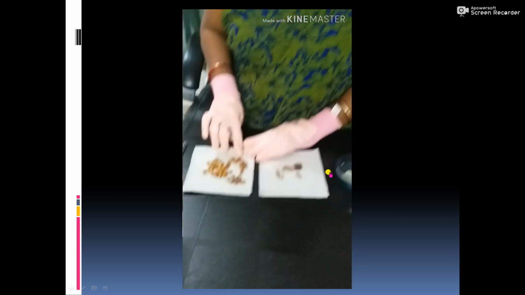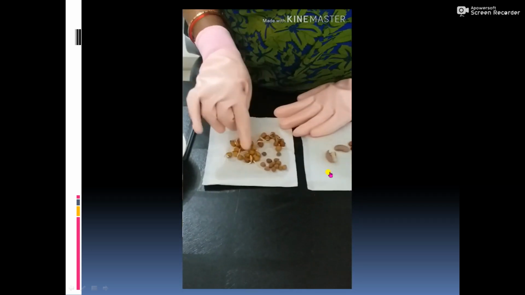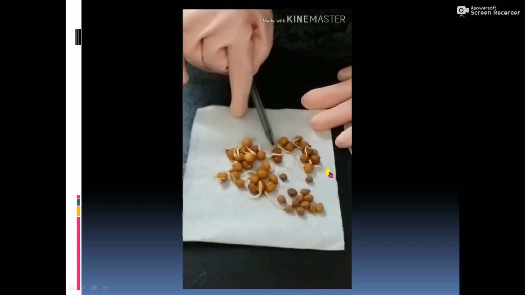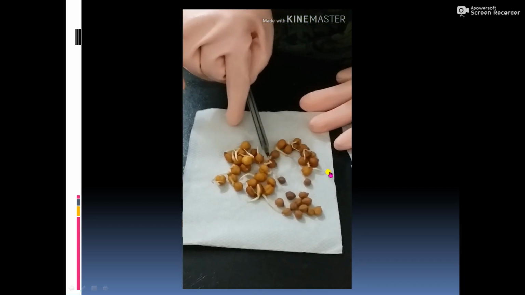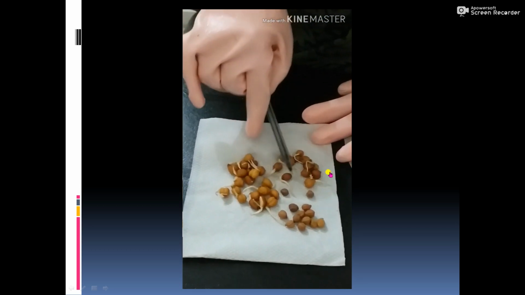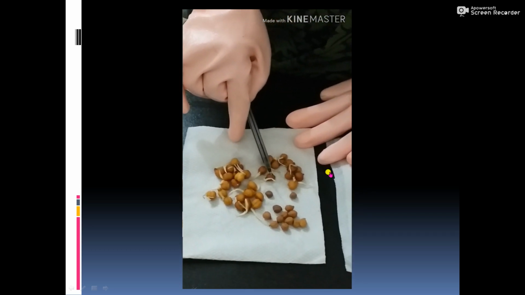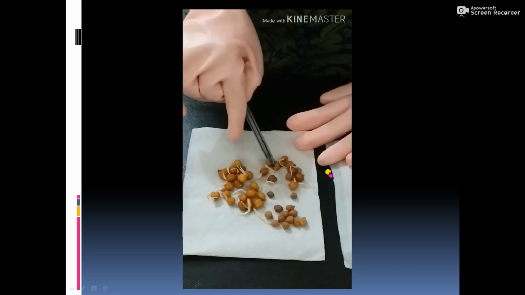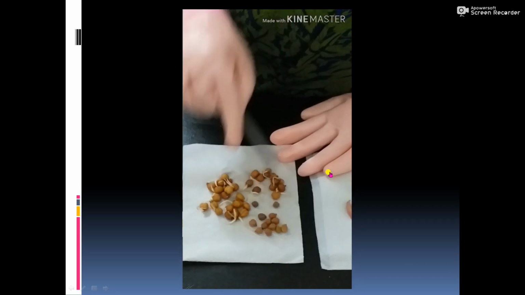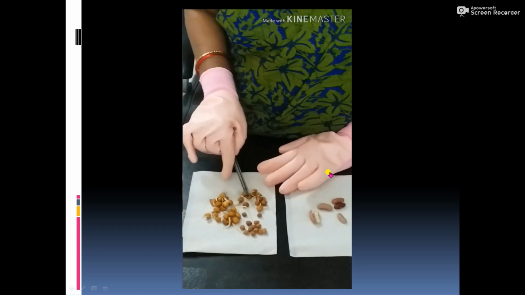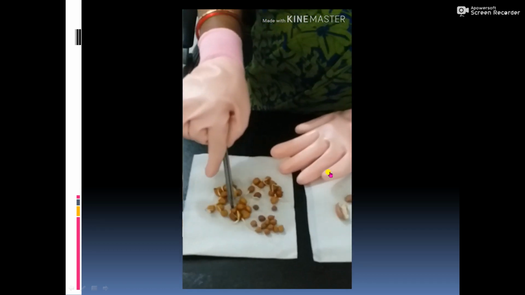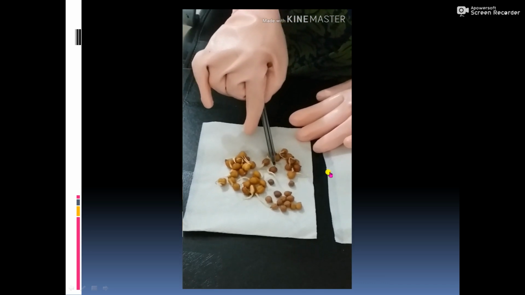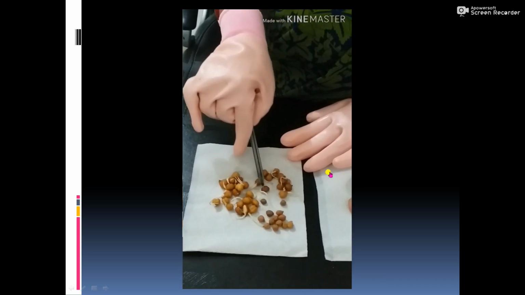Now you see here again that the seed is germinated. Now the seed is germinating and you are watching here the roots are forming. But you have kept this seed in water. Then how is it germinating? From where is it getting the food? You can say that these cotyledons are giving them food to nourish their roots.